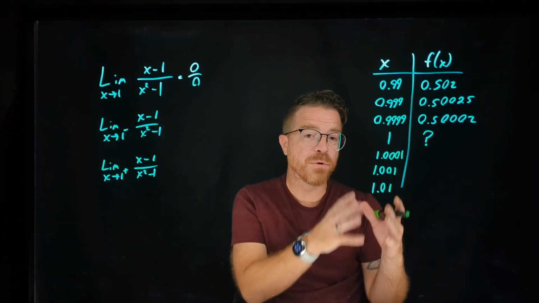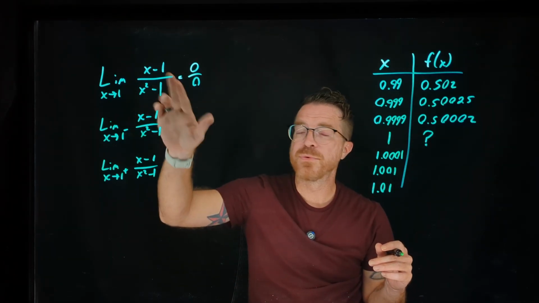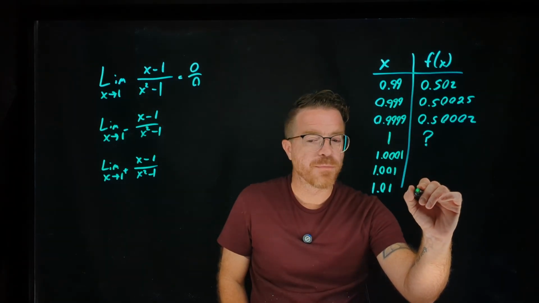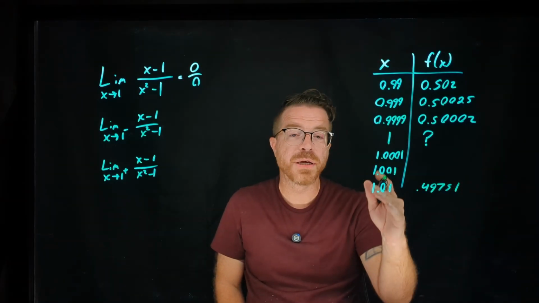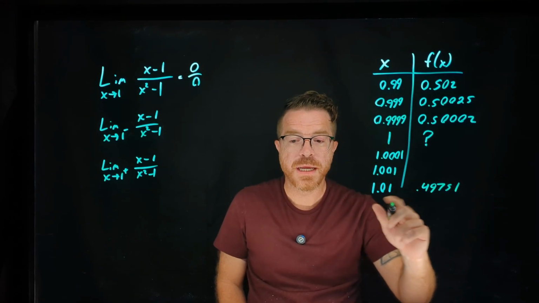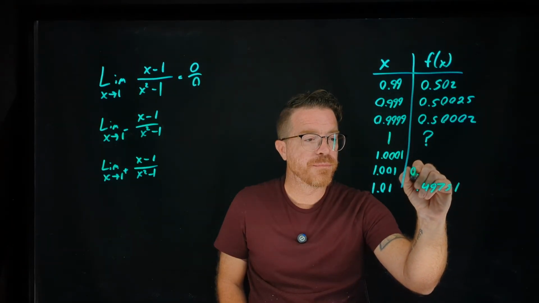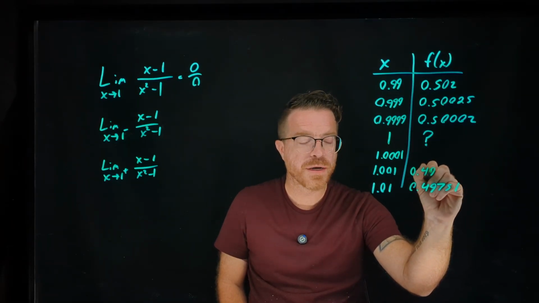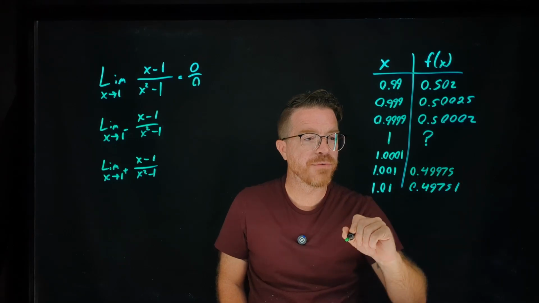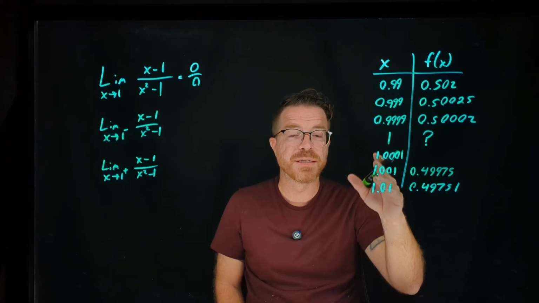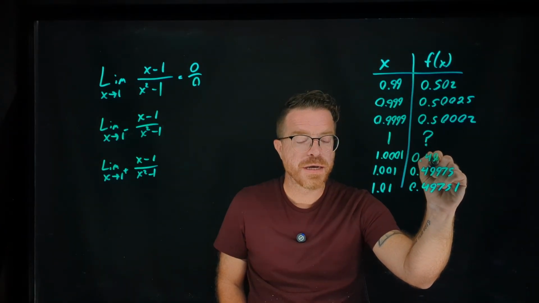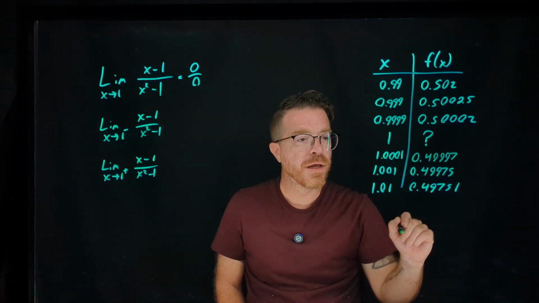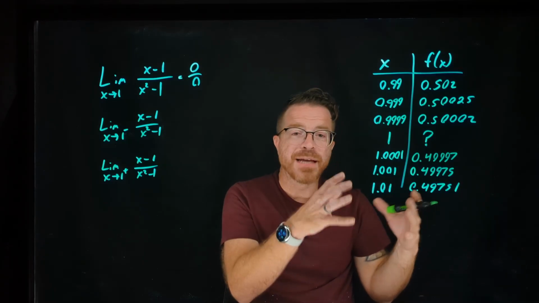At 1.01, if I plug this value into this function, I will get 0.49751. If I plug in 1.001, I would get 0.49975. If I plugged in 1.0001, I would get 0.49997.